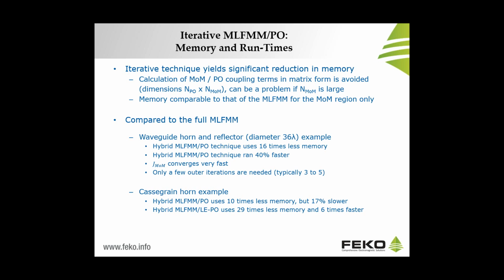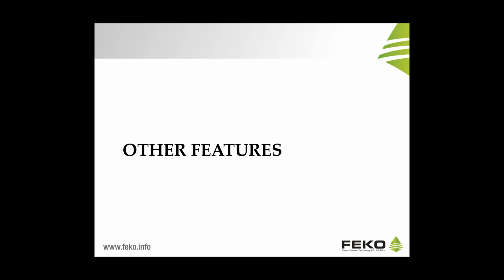And with the Cassegrain horn example, we have also seen that we require 10 times less memory, even though it's a bit slower. And for the MLFMM large element PO, we use almost 30 times less memory and being 6 times faster. And this is all we wanted to show you today about this iterative MLFMM-PO solver.